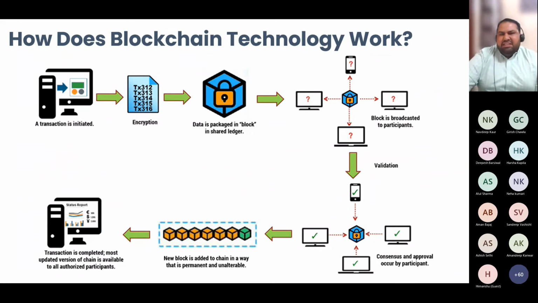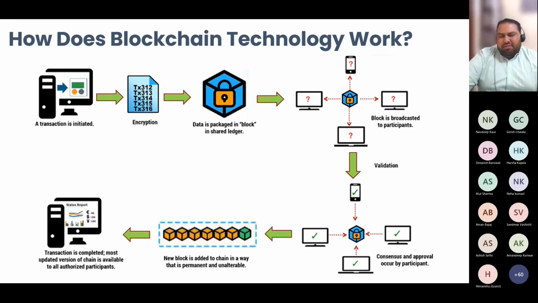Once the validation has been completed and consensus or approval is given by all the participants, the new block is added at the end of the previous blocks in the chain. To complete this consensus, the system requires 51% approval from all the nodes connected to the system.